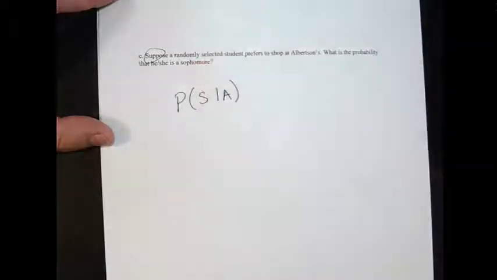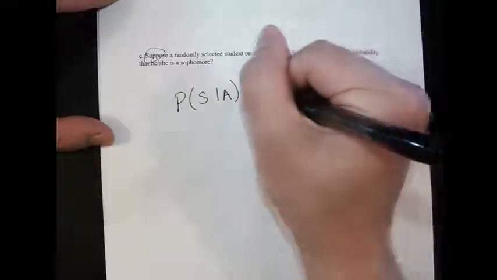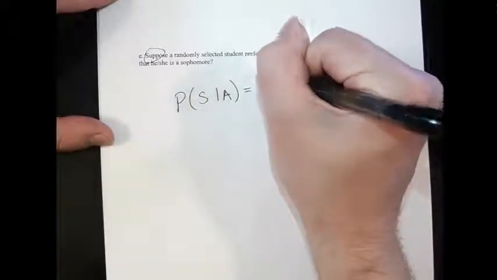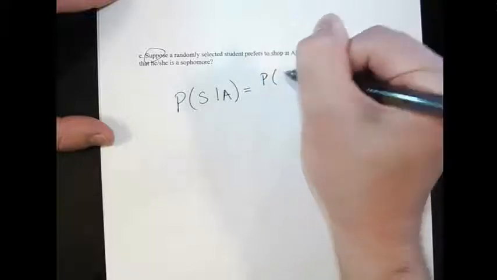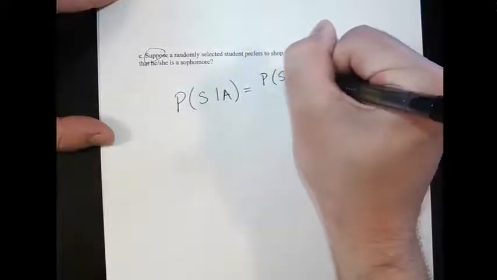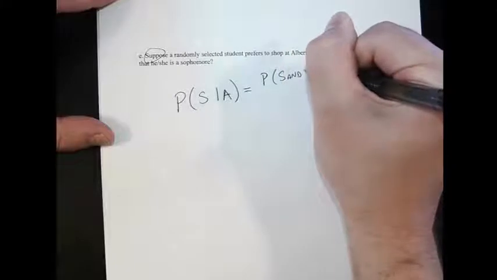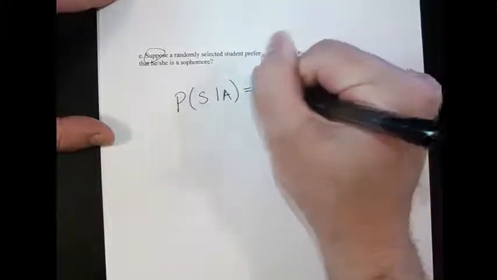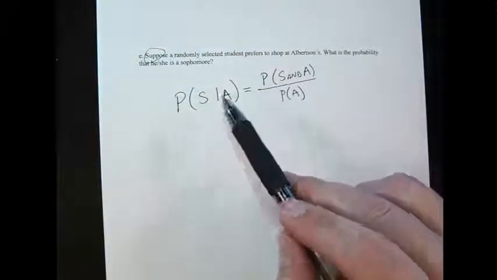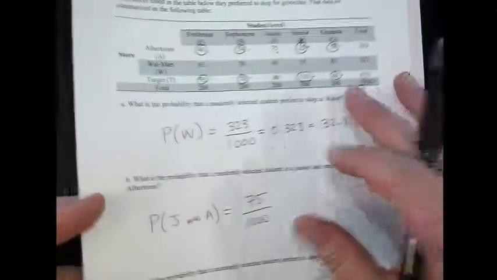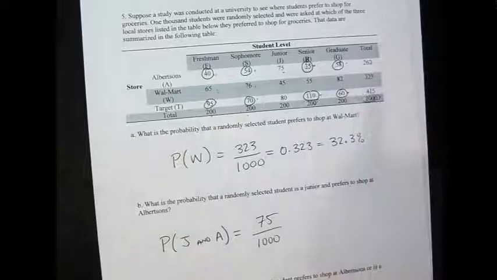So that means sophomore given Albertsons. Now I can use the definition of conditional probability that we identified before. Probability of S and A all over the probability of A. But the nice part about tables is I can actually identify this just by looking at the table.